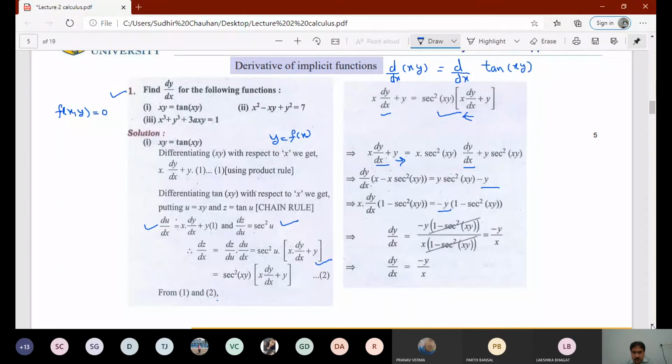Now we have the same expression on both sides, that is 1 minus sec square xy. So by cross multiplication we can cancel this expression. Now it is minus y upon x. So in that way we can find dy by dx is minus y upon x. So it is the answer.